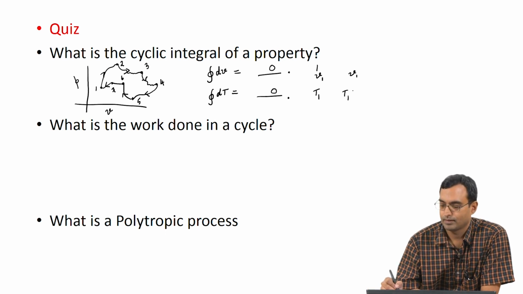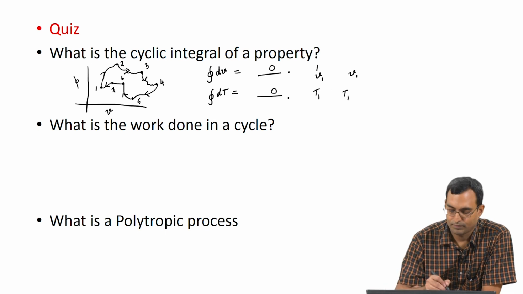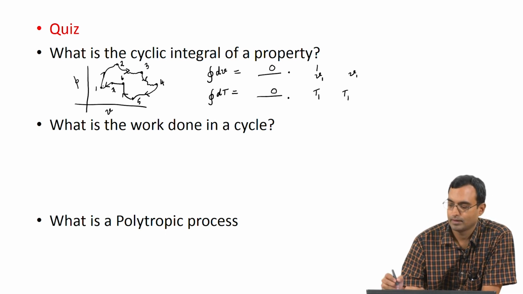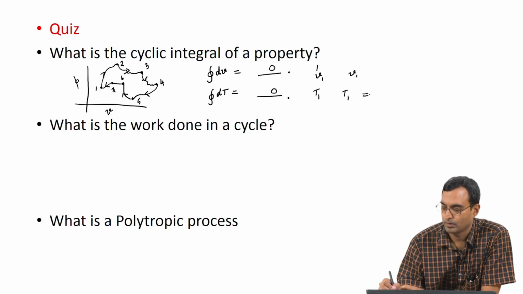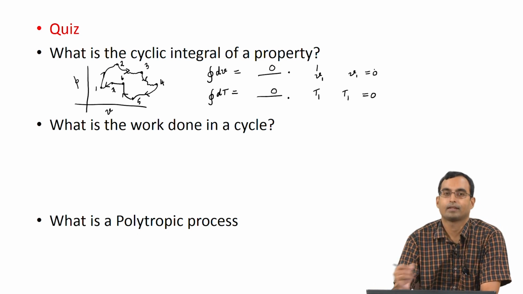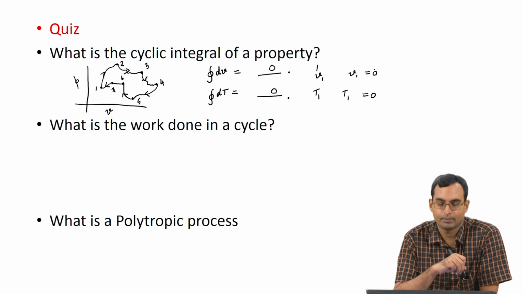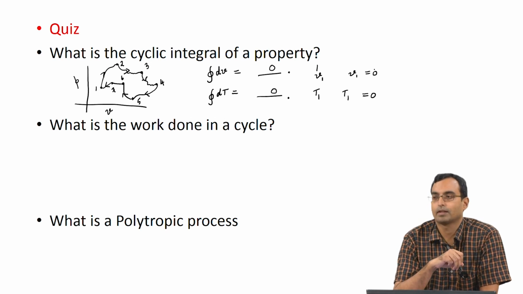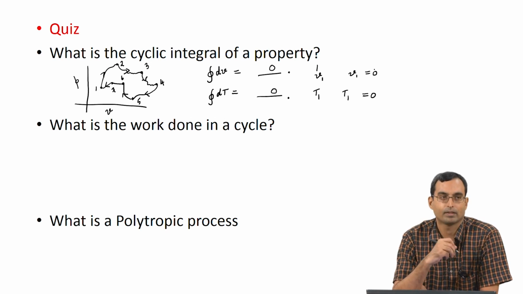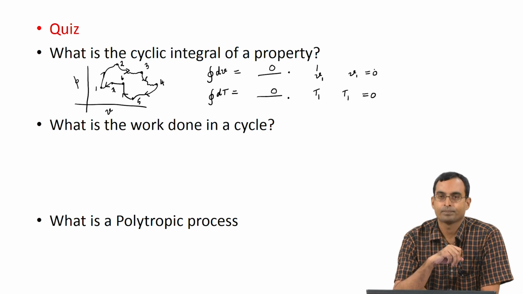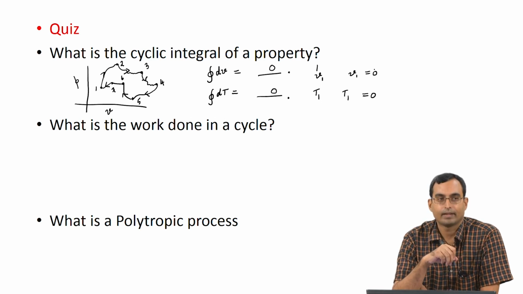So, the difference between the first point and the final point is T1 minus T1, which is essentially 0, and the same with volume and so on. So, if you have any property, because it does not depend on the path you take, as long as you come back to the same point, the value is the same as it was where we started off. So, if we find the difference and integrate, we would get the value as 0.